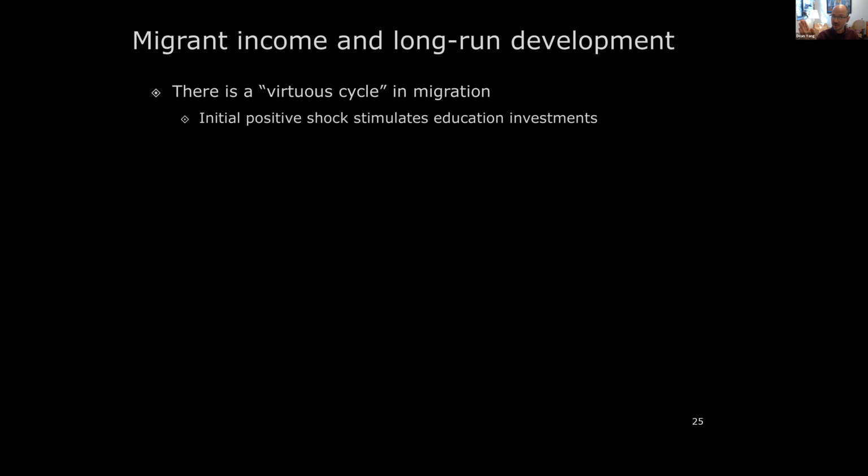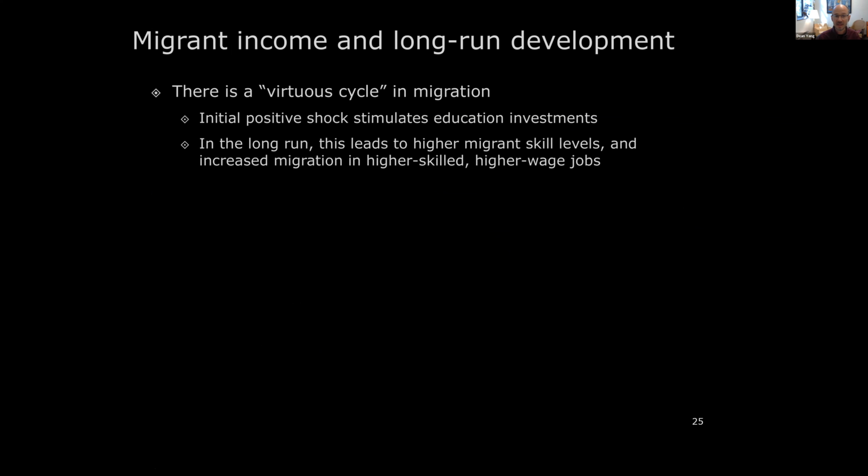So let me just say briefly what we find. First of all, if we just think about the international side of things, if we think about migrant income, there seems to be a virtuous cycle at work. What do we mean by that? Basically, the initial positive shock to migrant income stimulates educational investments in home areas. In the long run, this leads, first of all, to the population as a whole in home areas being more educated, with higher rates of high school completion and college completion in particular.